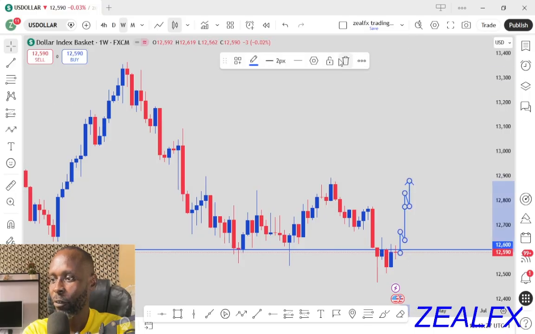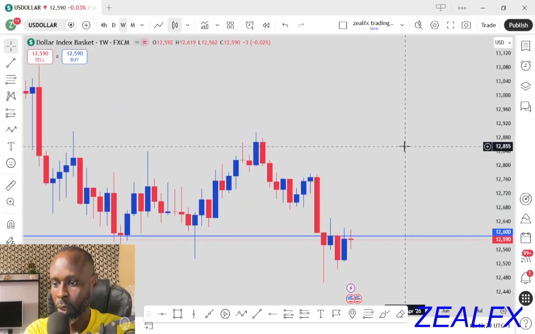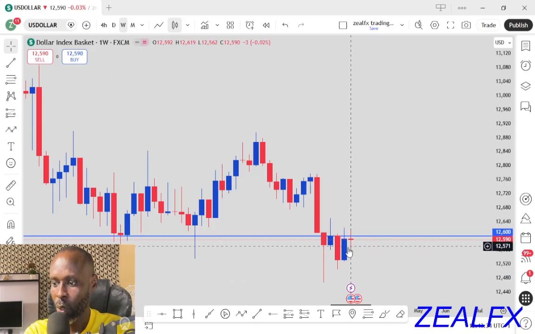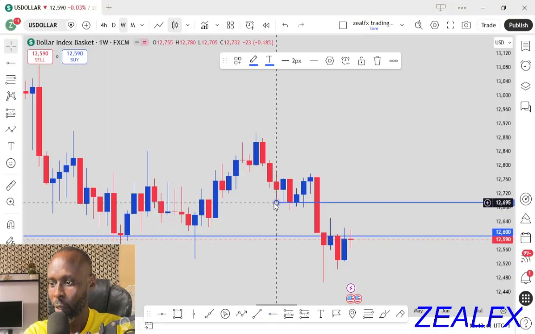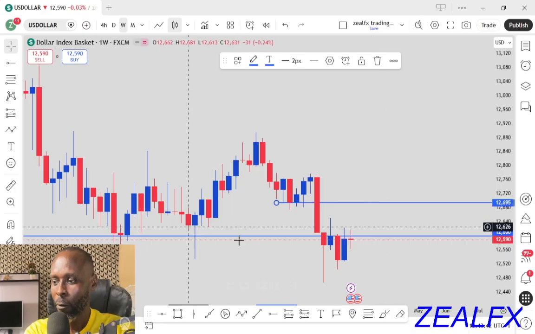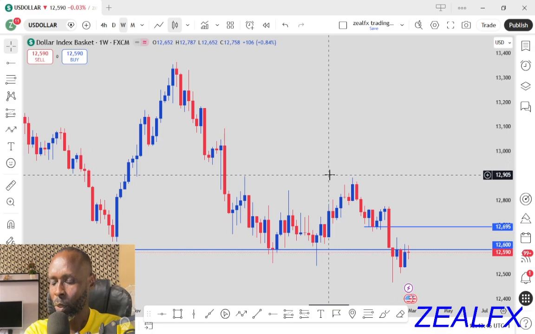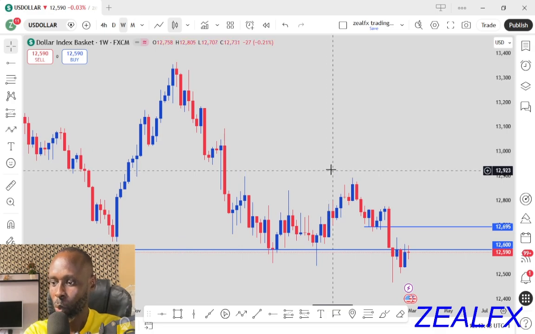On my weekly time frame, the dollar index also closed on a support level. So long as we have price close on this support level, this is an indication of price reversal back to this resistance level. So we have price now on a support level. But let's look at the trend of the dollar index on the weekly chart.